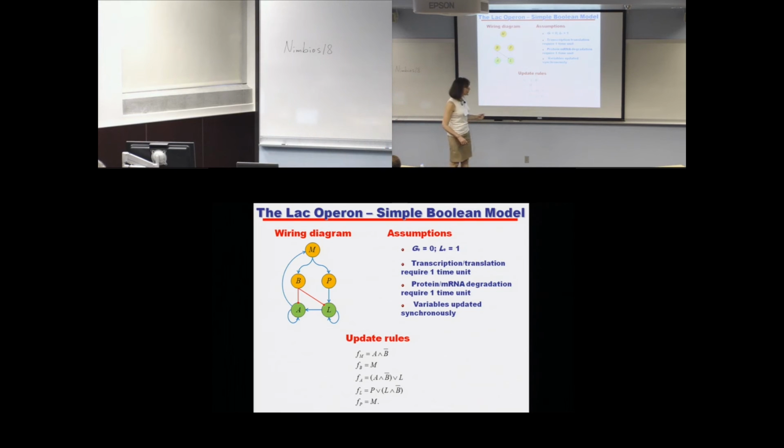And notice what happened here. I've been saying these are the assumptions, right? The assumptions are that the proteins and messenger RNA only last for one time step. So if I have it now and no new quantity is produced, it's going to be completely degraded down to base levels, right? I didn't say anything like this for the allolactose and for the lactose.